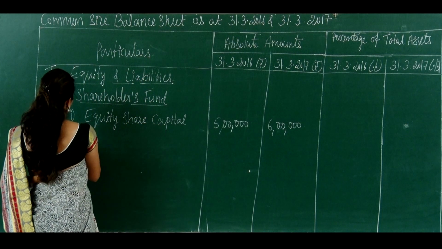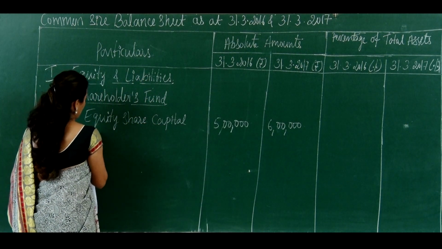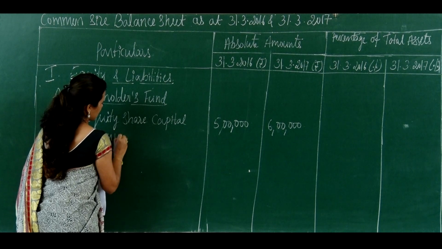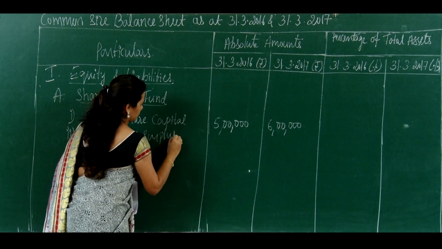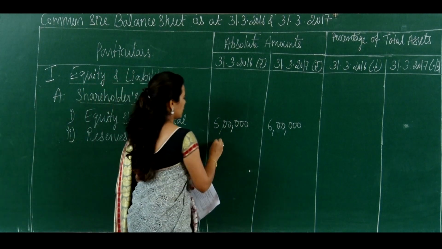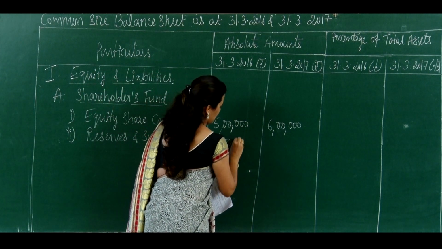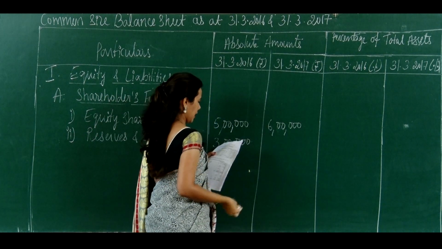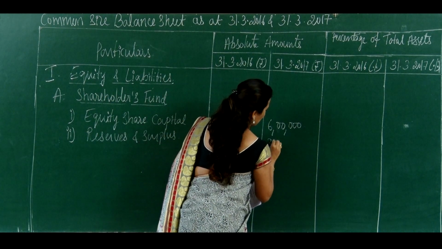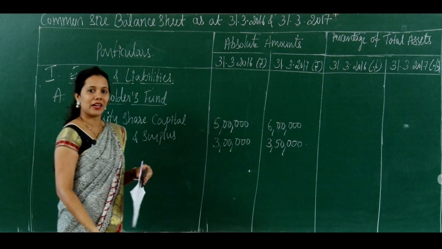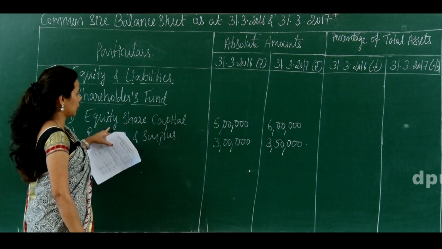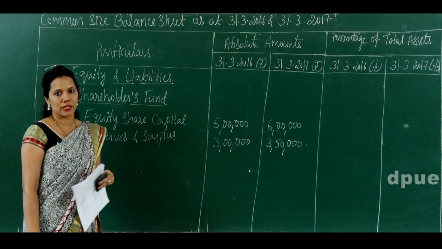The second one, reserves and surplus: 2016 3 lakhs and 2017 3 lakh 50,000. So, shareholders fund is over; under that we recorded equity share capital and reserves and surplus.